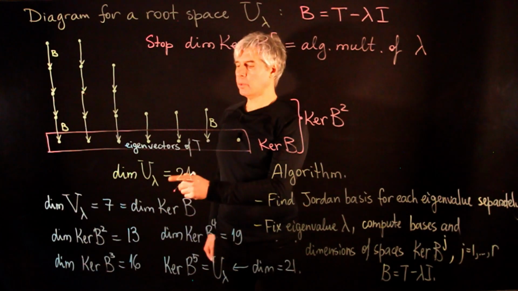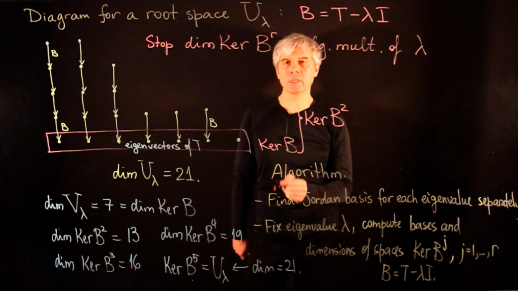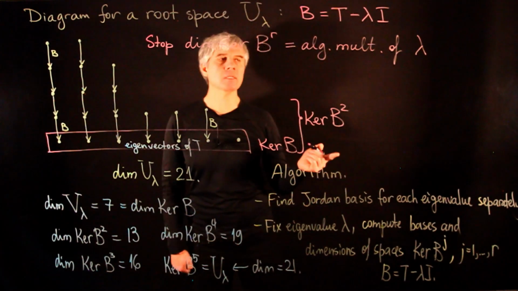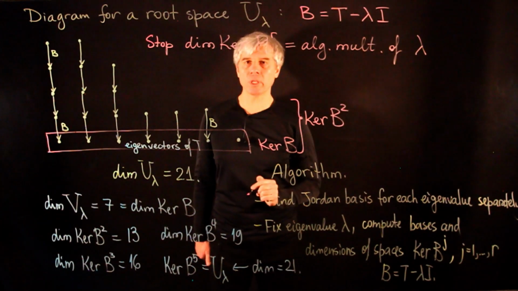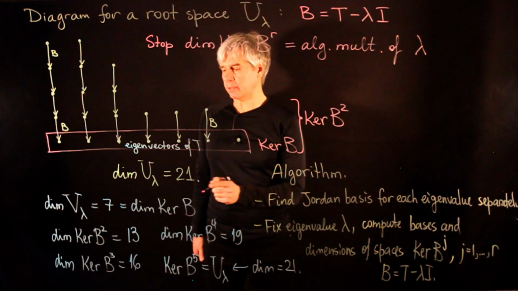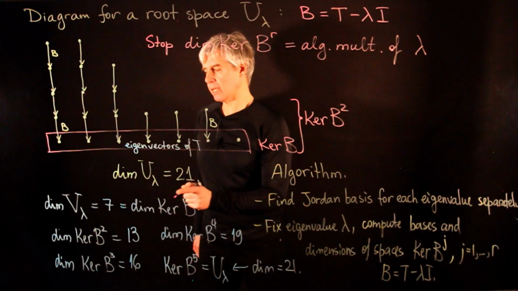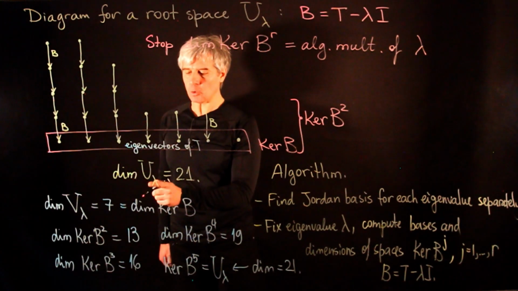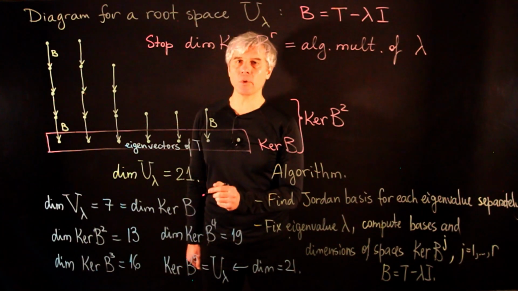In order to compute the eigenvalues of operator t, we had to compute its characteristic polynomial. And thus, we would know the values of algebraic multiplicities for each eigenvalue. And the theorem on the root space decomposition told us that the dimension of each root space is equal to the algebraic multiplicity of the corresponding eigenvalue.